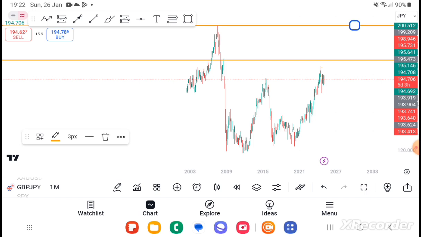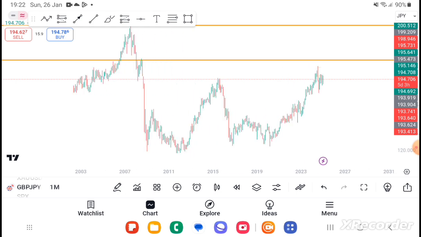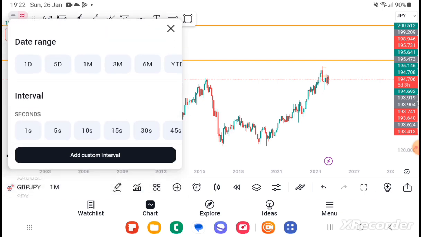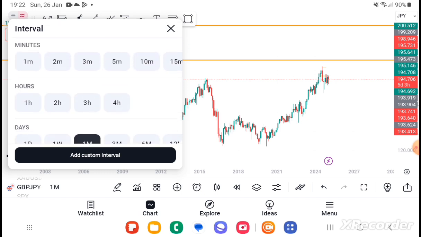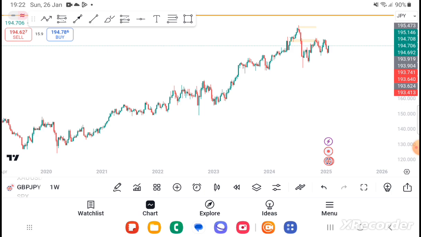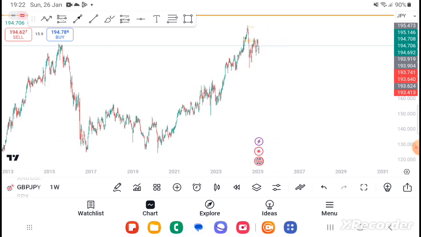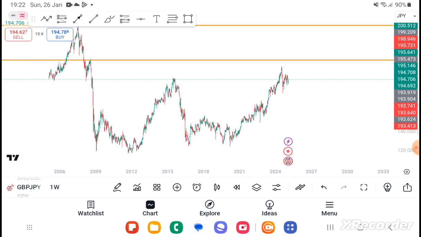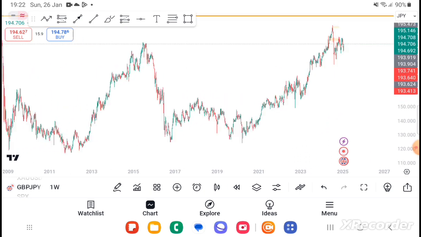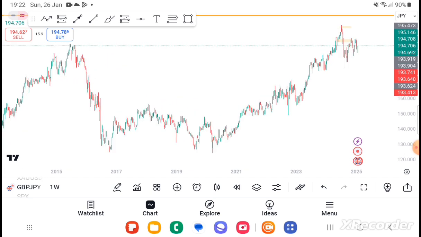Right, so let us come to the weekly. Okay, so from the weekly, overall, we look bullish.